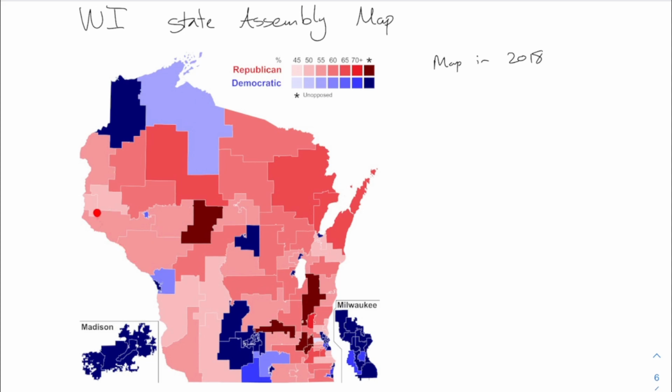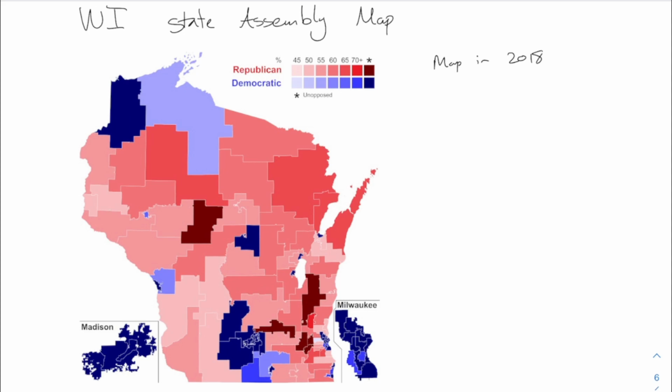All of these light red ones mean the Republicans won, but only by a little bit. And the ultra dark blue, if you look at the key here, the star means unopposed. That means that the Republicans didn't even run a Republican candidate in this region of the state.